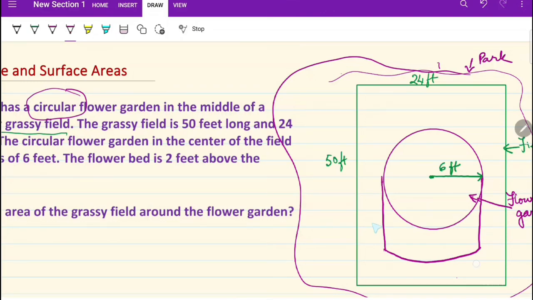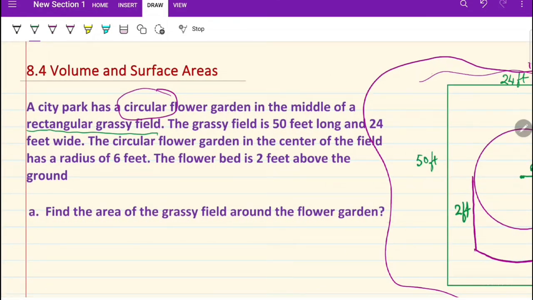And that height is 2 feet. So let's write that down. 2 feet. So now that we have the picture labeled with all the dimensions, we are going to go and look into the questions that we need to answer.